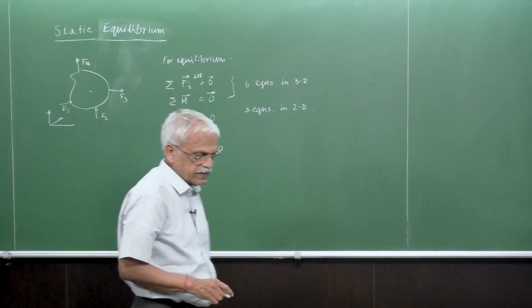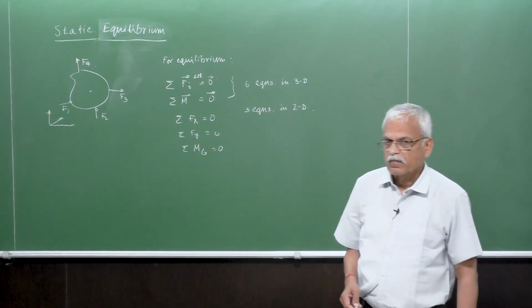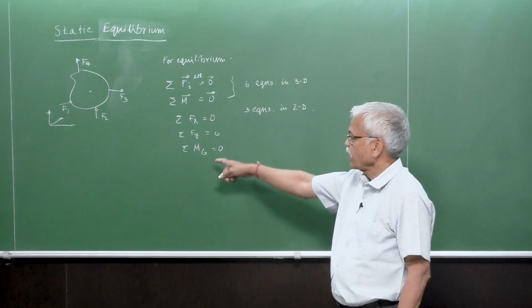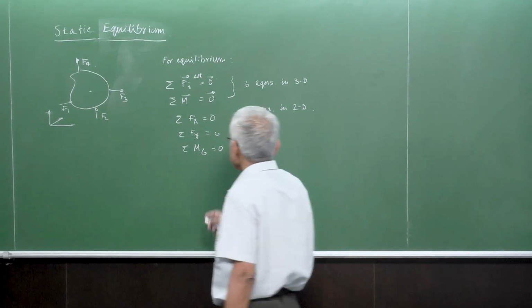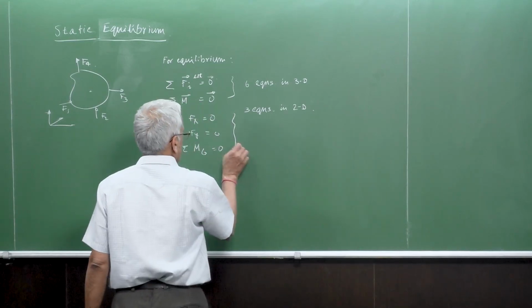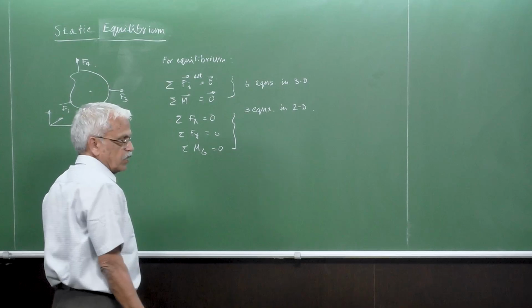So we did this starting from the equilibrium equations from a dynamic case, so we came to the moment about z is 0. So these are the 3 equations for 2D.